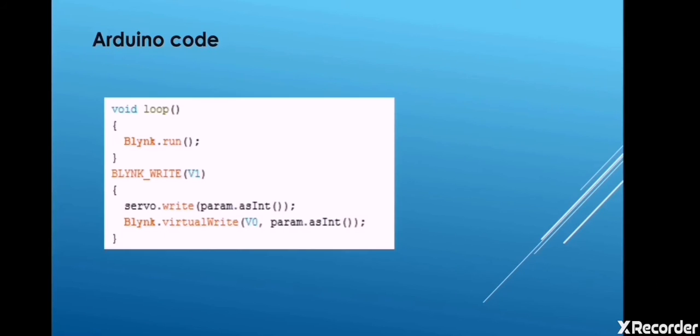So in my loop, I let the Blynk app run whatever is clicked there, and the Wi-Fi module will respond. So that is all for my code.